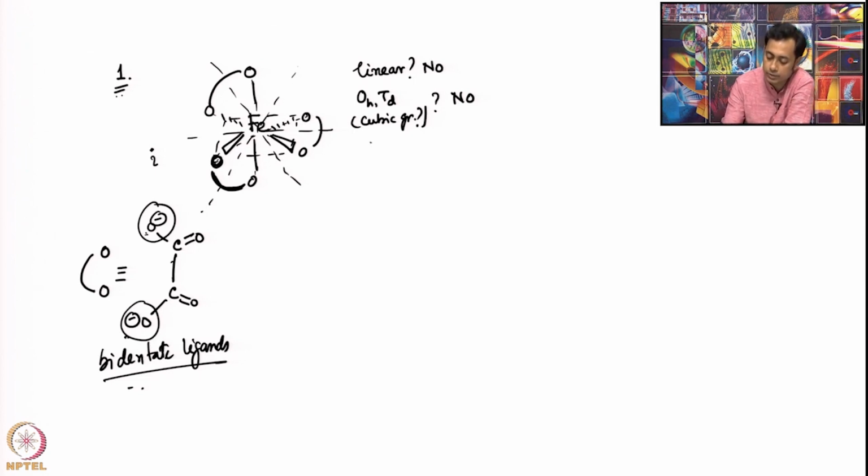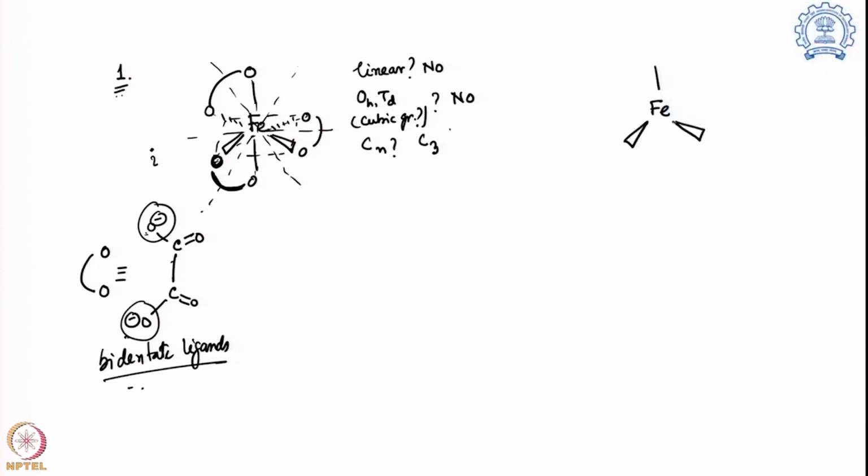Now, the question comes, what is the Cn point group present over here? This molecule actually has a C3. So, where is that C3? To do that, I am going to draw this molecule in this particular format, the front one separately compared to the background one.